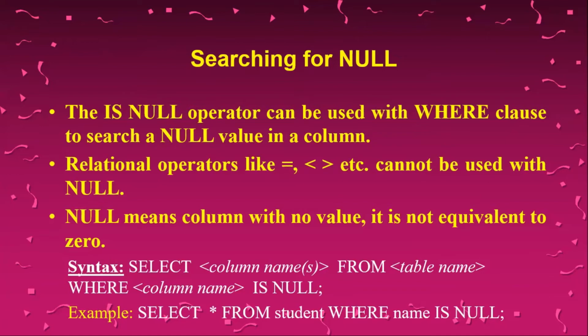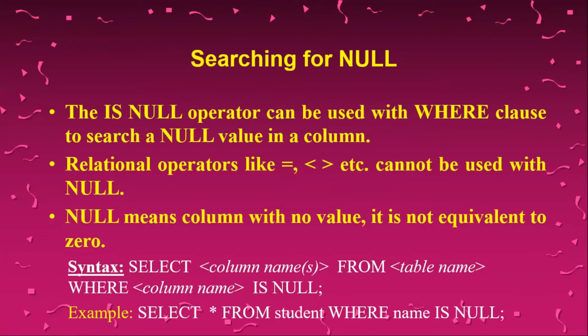So suppose I just want to check the null values in that particular column. We'll be using the operator IS NULL. It's not a single word, there's a gap between is and null. So IS NULL is the operator used to check the null value in a particular column. And for checking the null value, you cannot use relational operators like equal and not equal. It will not work. You will not get the correct output.